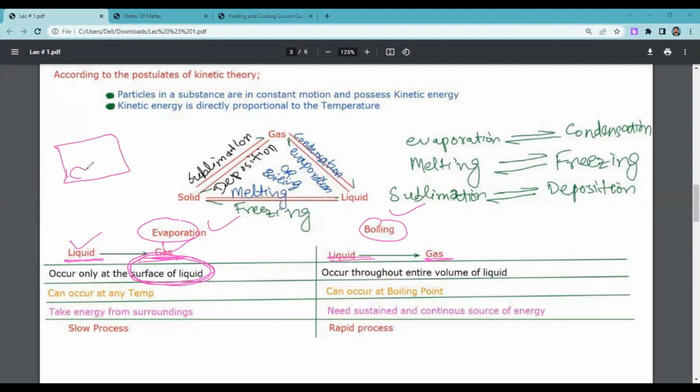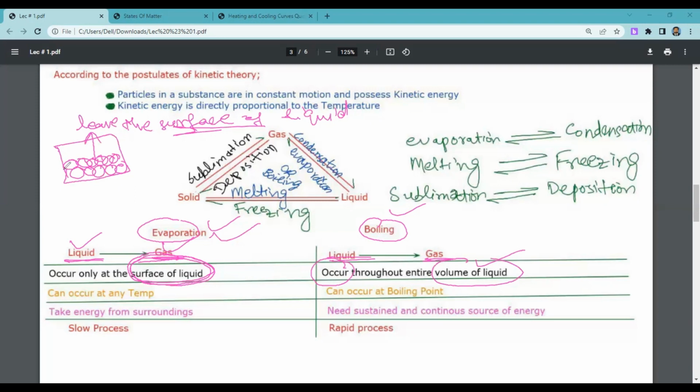This is a liquid. Some particles with high kinetic energy leave the surface of the liquid. This phenomenon is called evaporation. While boiling occurs throughout the volume of the liquid.